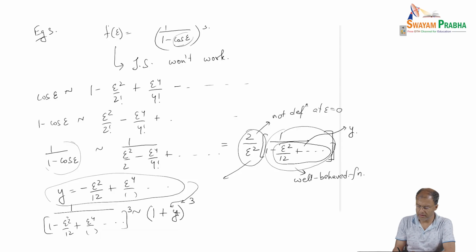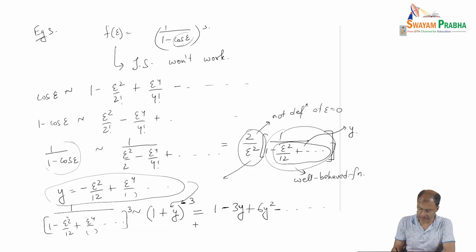So now we can start to write down again the binomial expansion. Well, it has a minus 3 factor, so it has to be 1 minus 3y plus 6y square minus and so on, right?